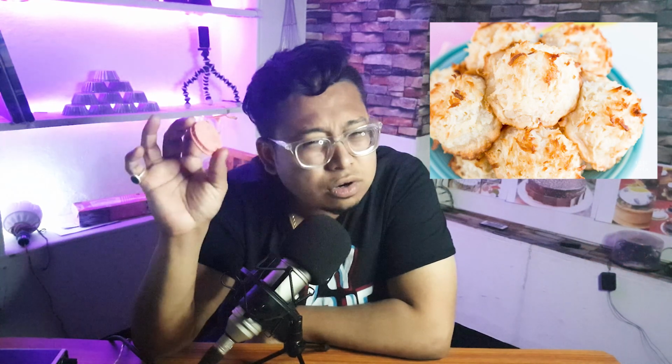So coming to the next part, there's a big difference between a macaron and a macaroon. Now macaroon is a coconut cookie, which looks something like this, you can see on the side, and macaron is this one. So don't get confused. If someone asks you for a macaroon, you will obviously ask them what are you really aiming for, because when I opened up my bakery in Calcutta, there were people who were like, can you make bauli?